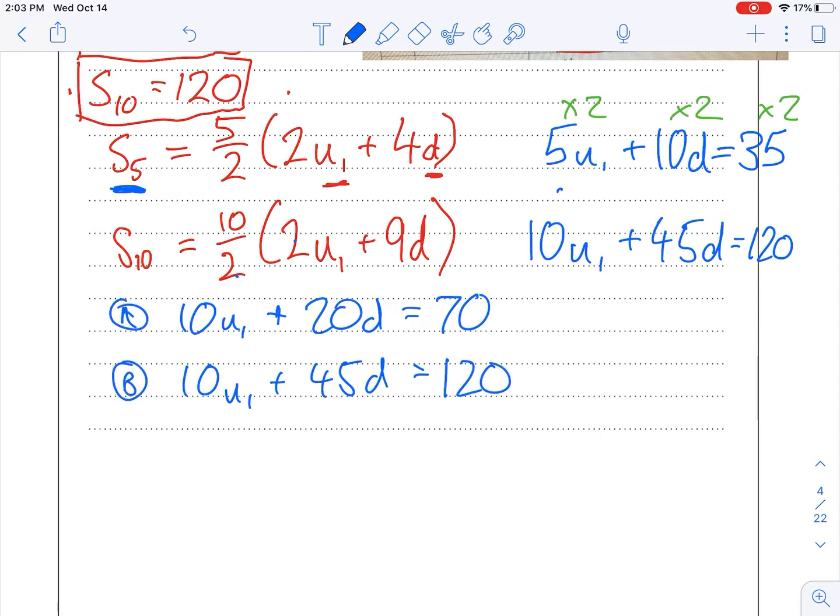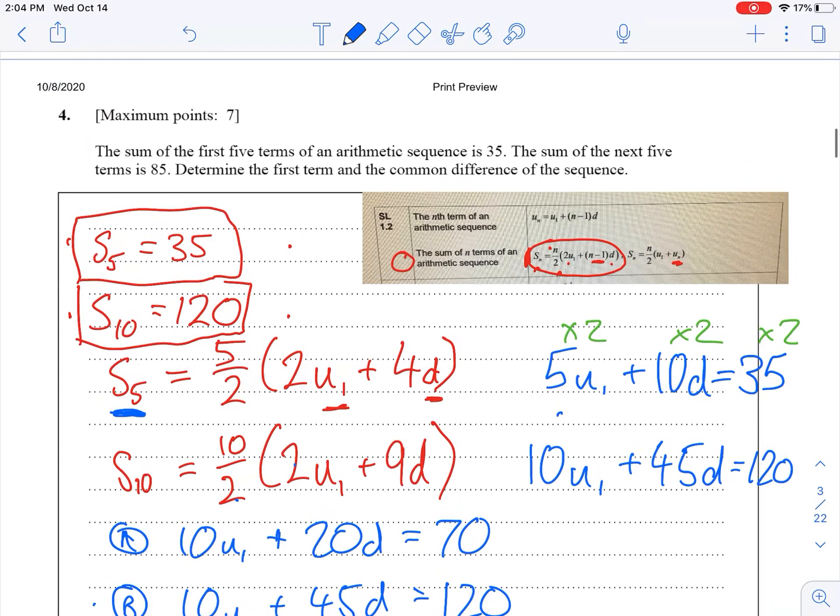Now I'm going to call that A, and I'm going to call that B, and I'm going to say, let's do B minus A. And I get, well, 10 minus 10 is nothing, 45 minus 20, that's 25d, 120 minus 70 is 50, and hey, we've got d equals 2 by dividing by 25 there. All right, we've found the common difference.